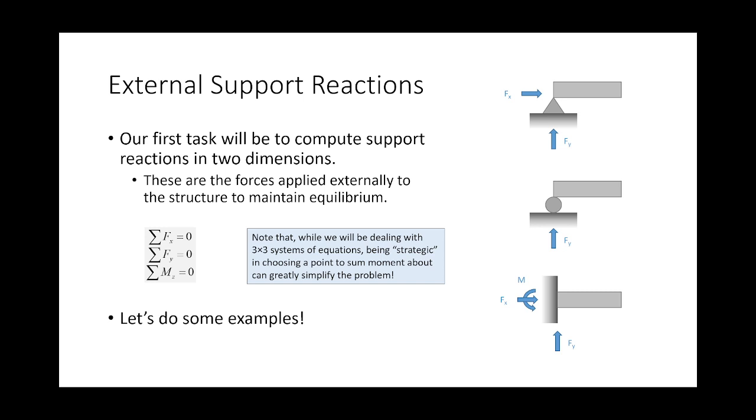But 3 equations and 3 unknowns probably gets you thinking about that 3x3 solver in your Casio FX115ES Plus or similar device. What I'm saying is that if you're strategic and a little crafty about how you do this, you do not need to break out that solver, okay? You can make your life a lot easier by not having to do that, and you'll understand that as we get into the system, okay?